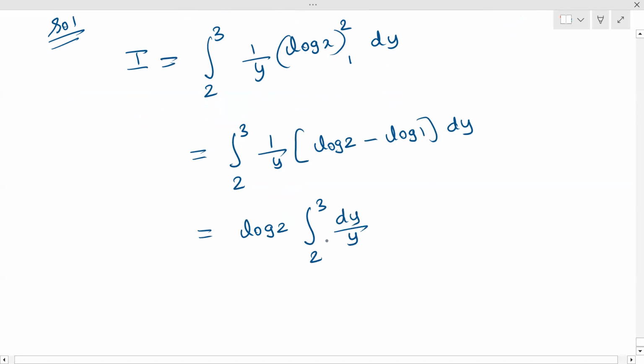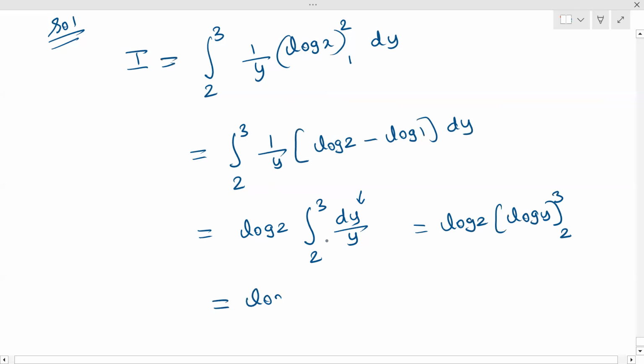Now we go to the outer integration. That is a very simple integration, a single integration with respect to y only. See the function here, the function has only the variable y. What is the integration of 1 by y? Nothing but log y. The limit is 2 to 3.